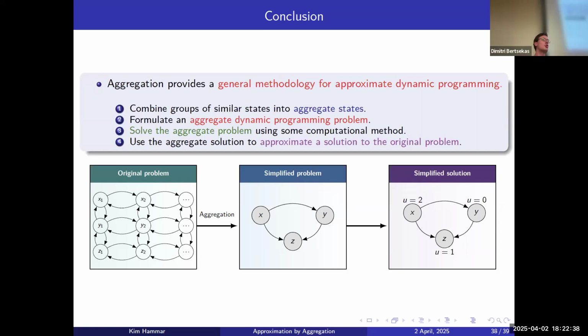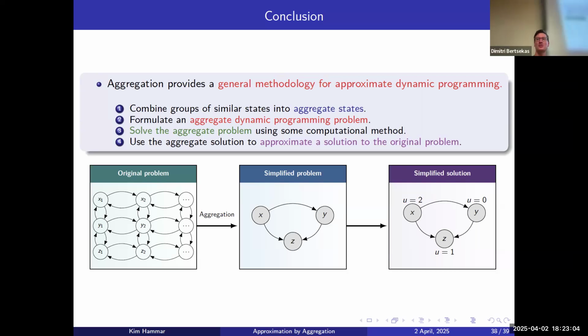Those aggregate states then form a new dynamic programming problem that you can solve exactly. And then you use the solution to that problem to form a cost function approximation to your original problem using interpolation. And that cost function approximation can then be combined with online play and so forth to obtain very strong policies for the original problem. And thank you very much for your attention.